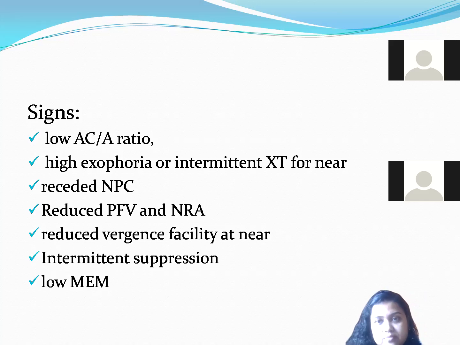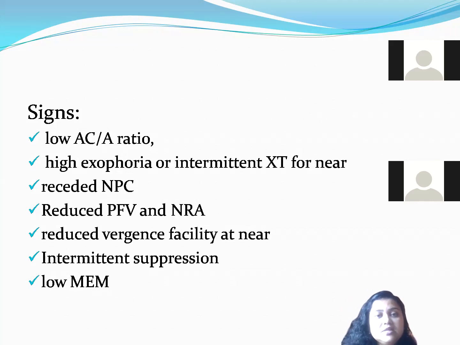Now, how is it doing that, right? I have already discussed that for seeing any near target, my positive fusional convergence reserve will work first, and for seeing any distance target, my negative fusional convergence reserve will work. So while measuring the NRA, negative relative accommodation means you're relaxing the accommodation. Okay, that means first my divergence will happen.